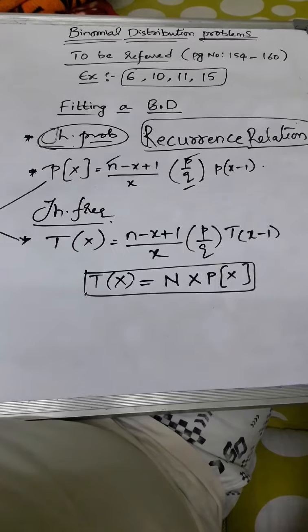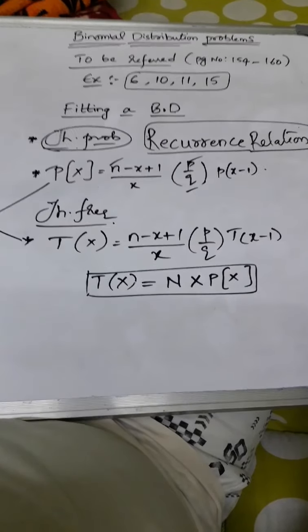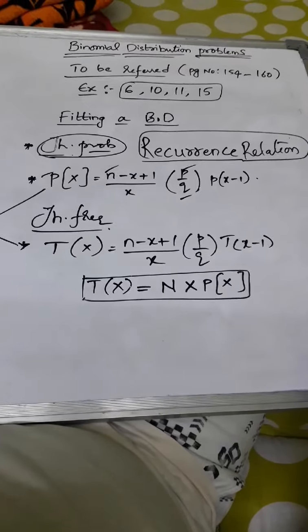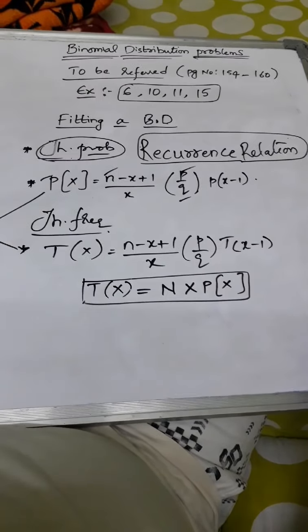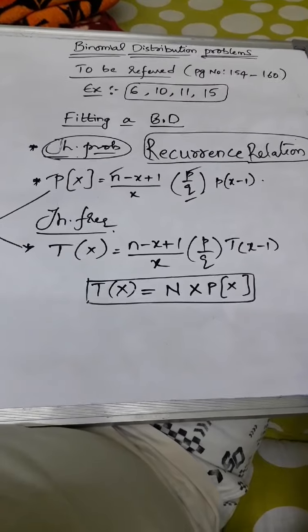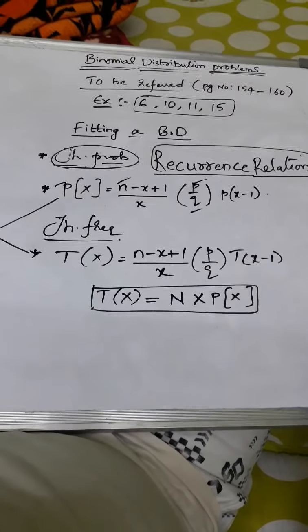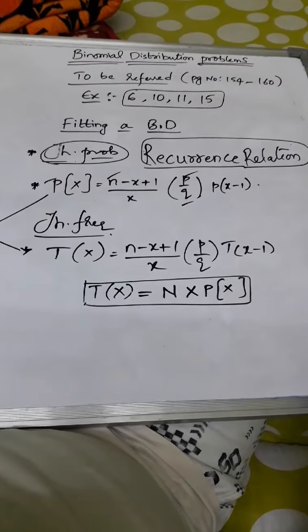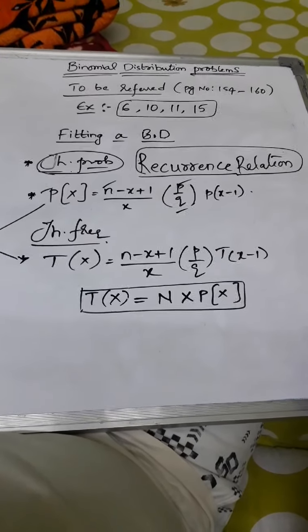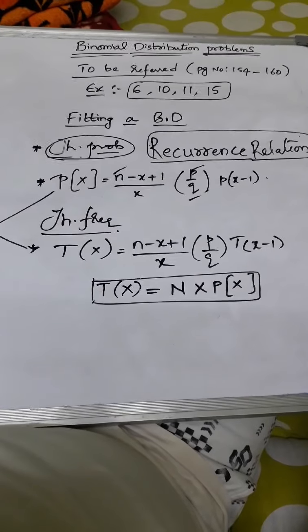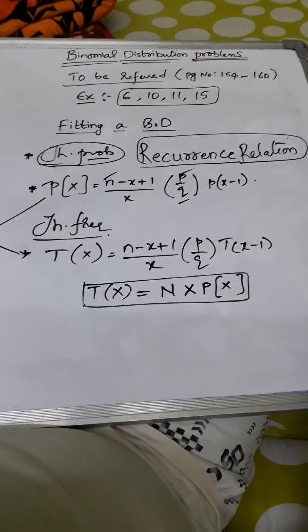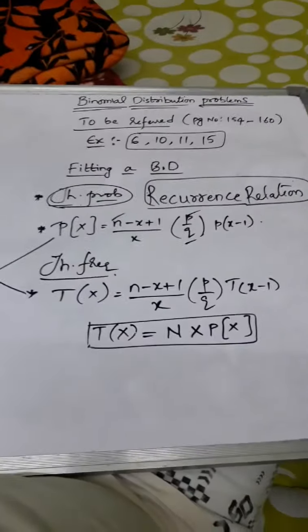Sometimes in some cases you have to calculate the mean, and then by using the mean np we need to find the parameters small n and p. Clear? So there are two cases. In the problems, if you observe, you will understand very easily. So shall we start the problems? Okay, let us start.